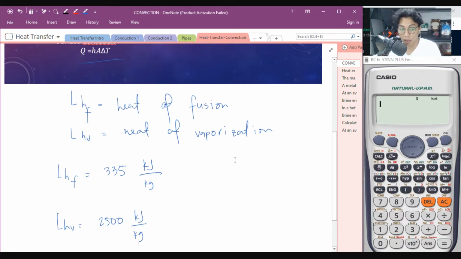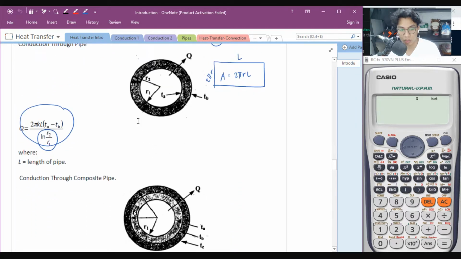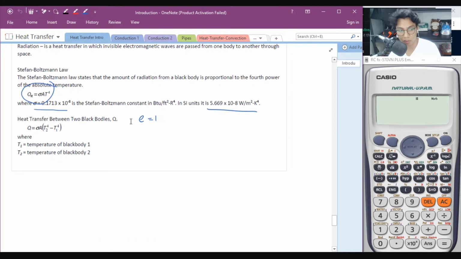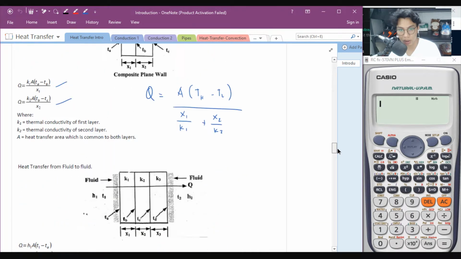Kung hindi ako nagkakamali, 2442 ata. Check na lang natin dito sa heat transfer natin. Yung latent heat of fusion, nandito yun, nailagay ko yung sa constants.